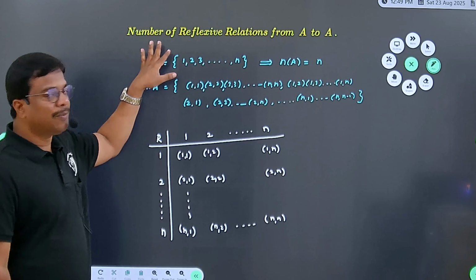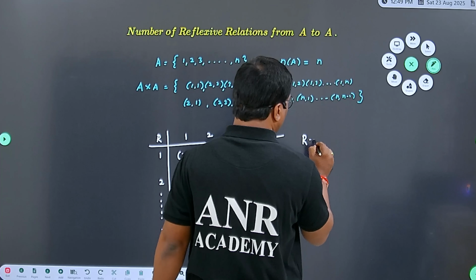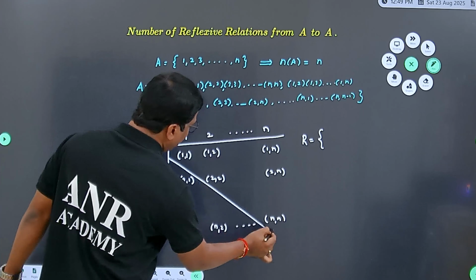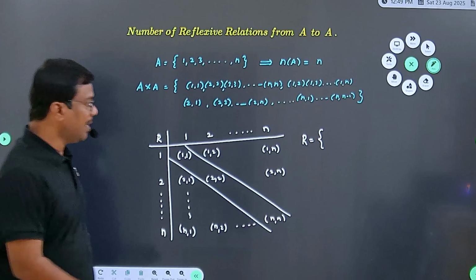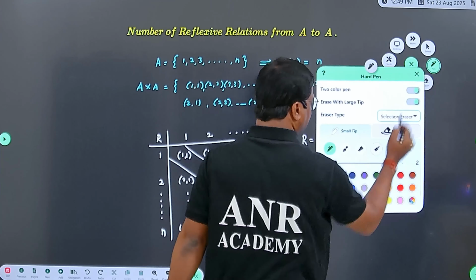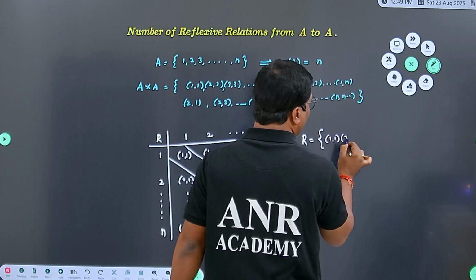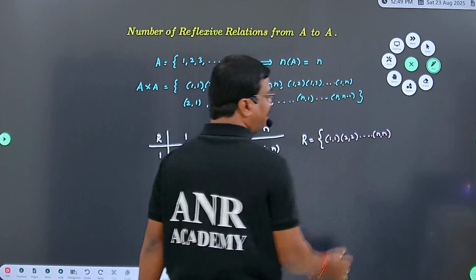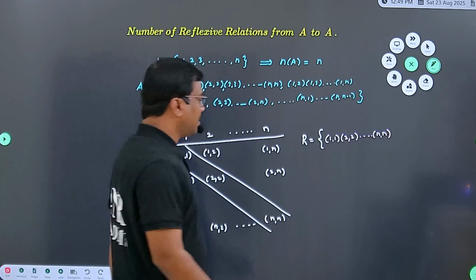A relation is said to be reflexive. We know that all the principal diagonal elements must be present in the given set. That is, it is a must to write (1,1), (2,2) and so on (n,n), and the remaining entries may or may not be present.